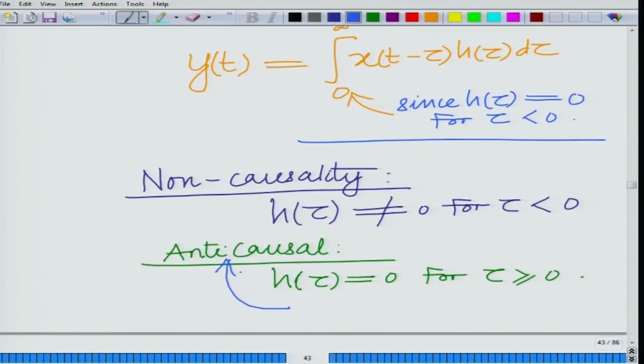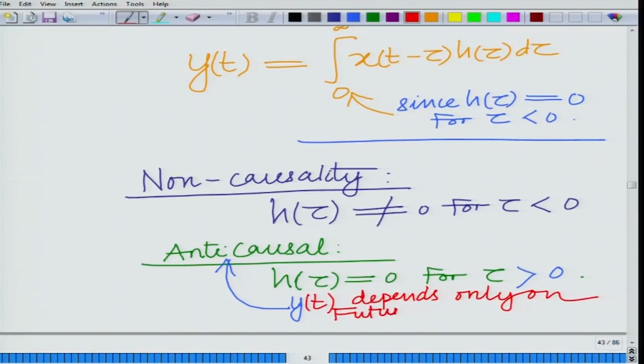y of t depends only on future values of x of t. You can clearly see that if h of tau is 0 for tau greater than 0, it happens that y of t depends only on future values of x of t.